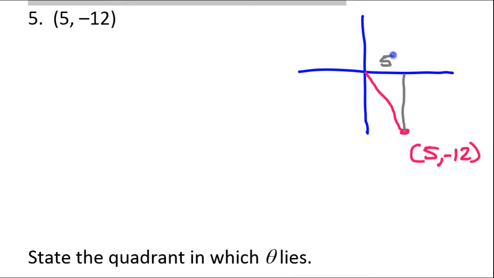So if I do that, then this side of the triangle is length 5. This side is the 12. Because it's down 12, I'm going to go ahead and include that sign. That's going to allow me a shortcut.